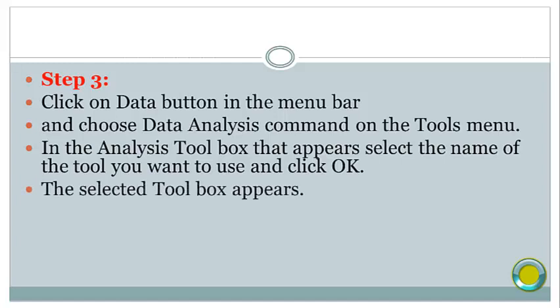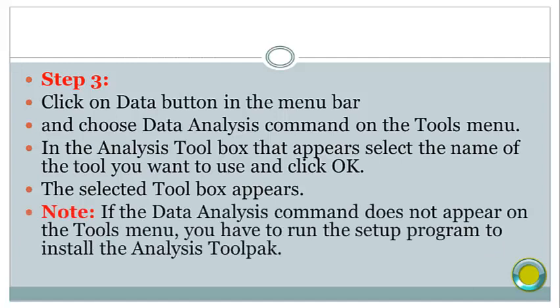The selected toolbox will appear. Note, if the Data Analysis command does not appear on the Tools menu, you may have to run the setup program to install the Analysis Tool Pack.